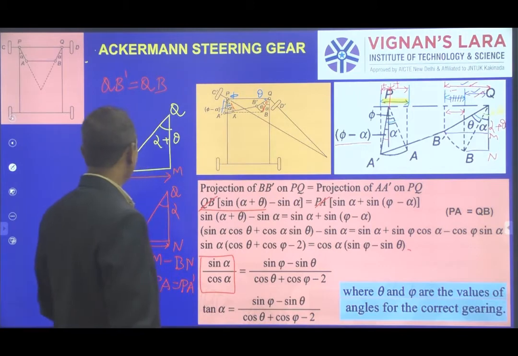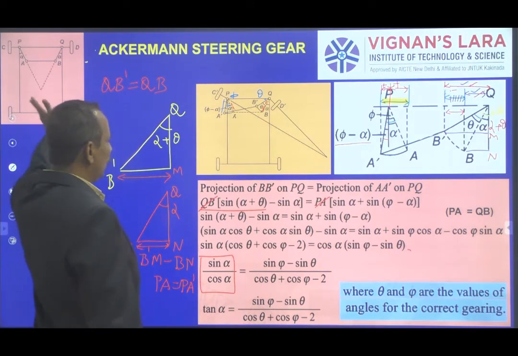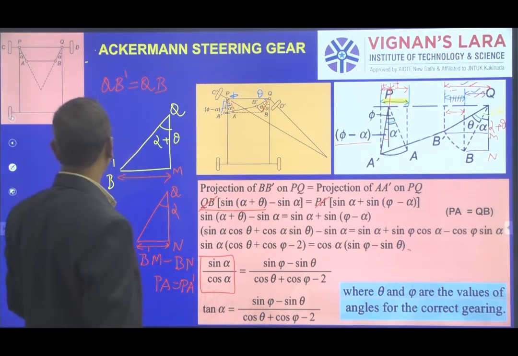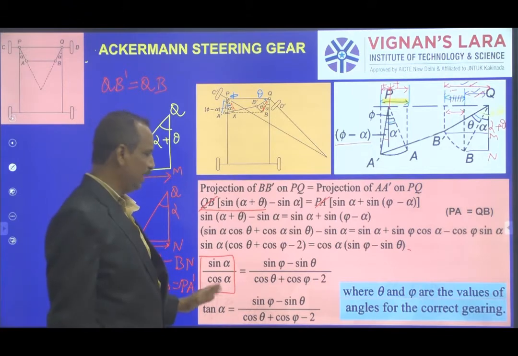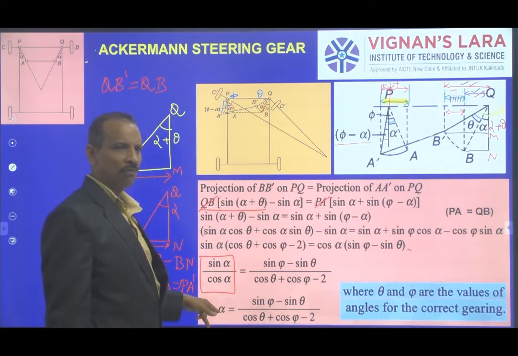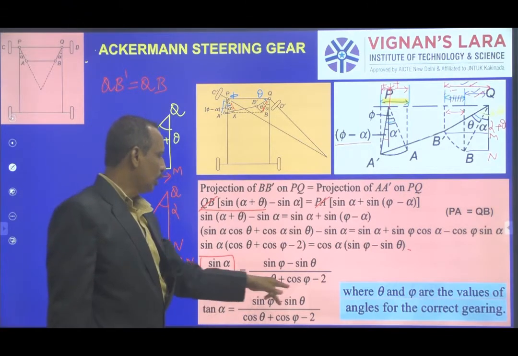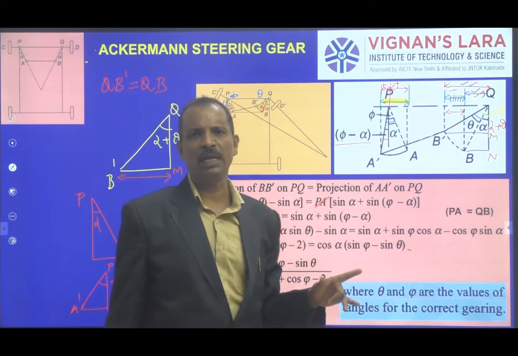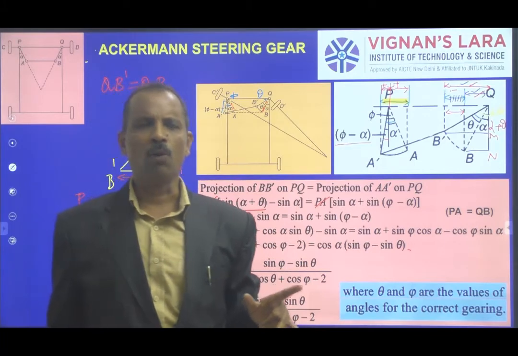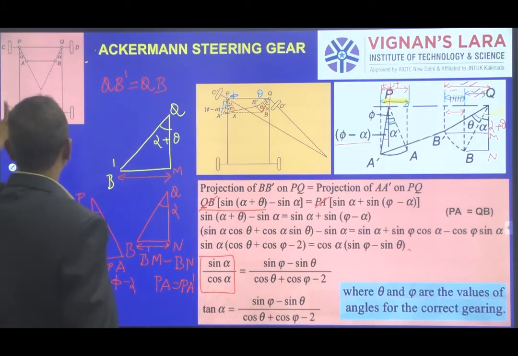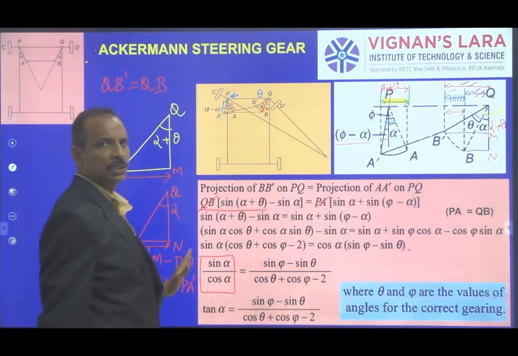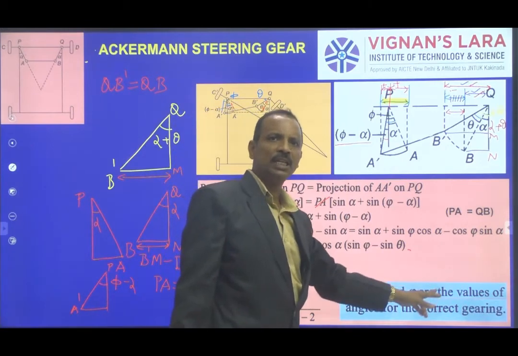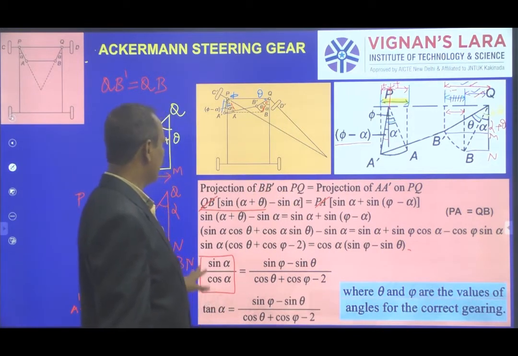So you can get the values of theta and phi for correct steering in terms of alpha, isn't it? So this is the necessary equation required in an Ackerman steering gear. What is the alpha value we have to set for correct steering in terms of theta and phi, isn't it?